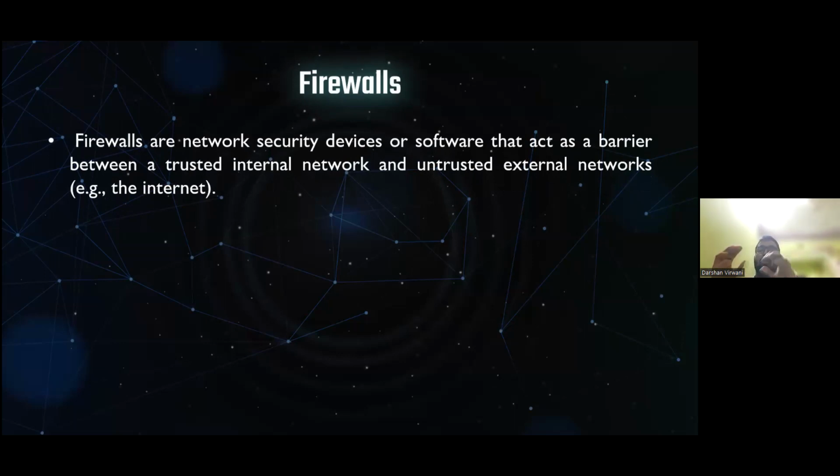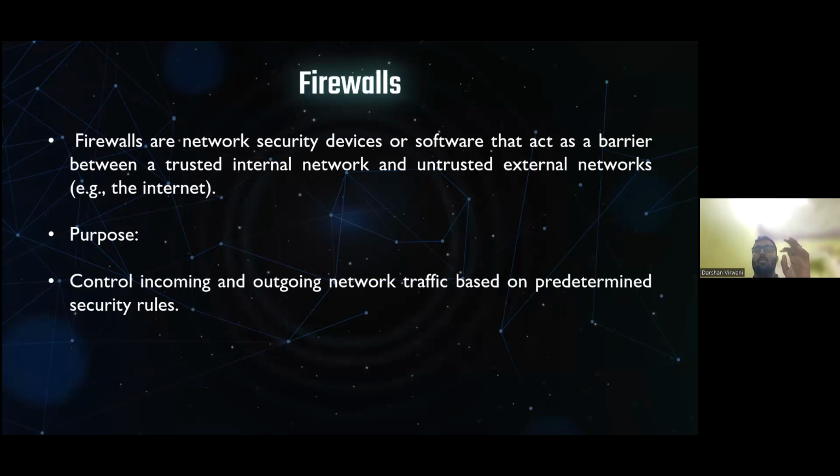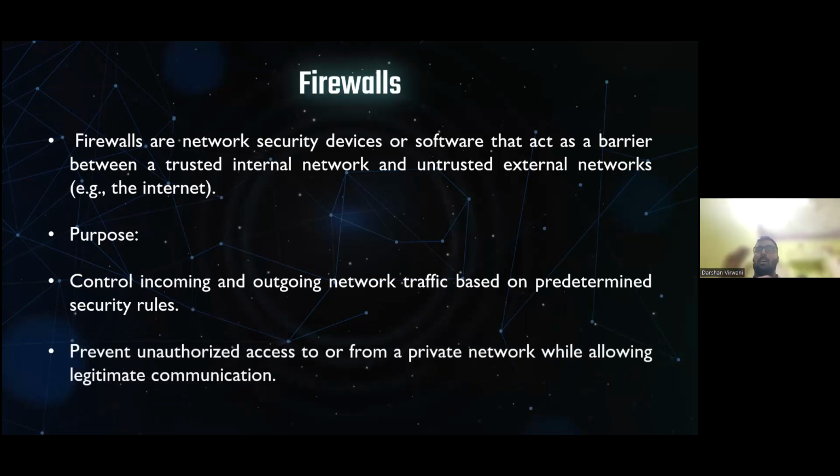Firewalls do the same thing for internet security. What does it do? In internet security, firewalls monitor all the incoming and outgoing traffic of the network. So what is the purpose? To control incoming and outgoing traffic and prevent unauthorized access.